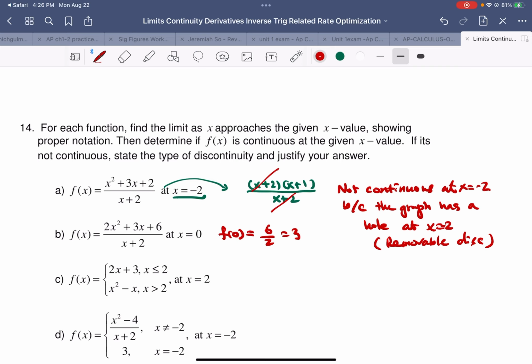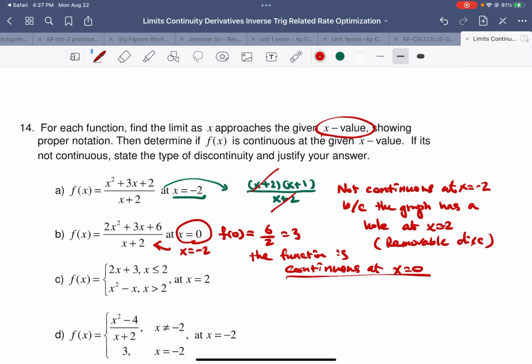But you do have a vertical asymptote at x equals negative 2, but that's not our interest. You're only interested at x equals 0. So it is continuous. You have to say the function is continuous at x equals 0. Okay, that should be the answer, because that's the x value we are interested in.